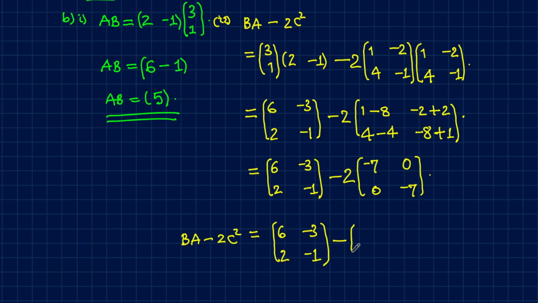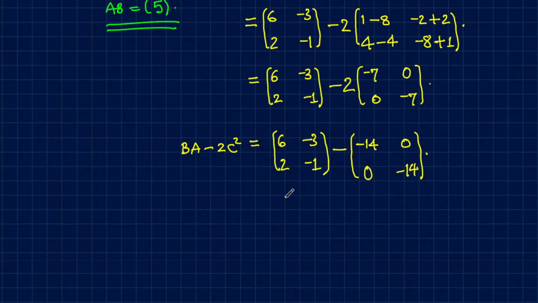So let's create this bracket and multiply 2 by negative 7, we get negative 14. Then 2 times 0 at this position is 0. 2 times also 0 here, we get 0. And this one is equally negative 14. Closing up this bracket leads us into these two different matrices that are being combined together.